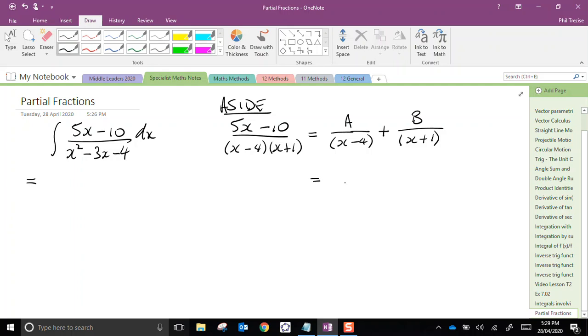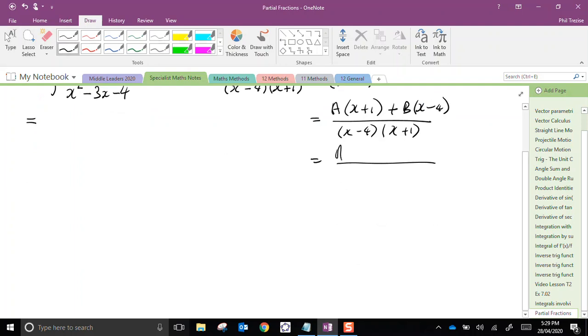Well, if I were to add these, I'd have to do the whole common denominator, and I would have a multiplied by x plus 1 plus b times x minus 4. So this would be ax plus a plus bx minus 4b, still over the denominator.